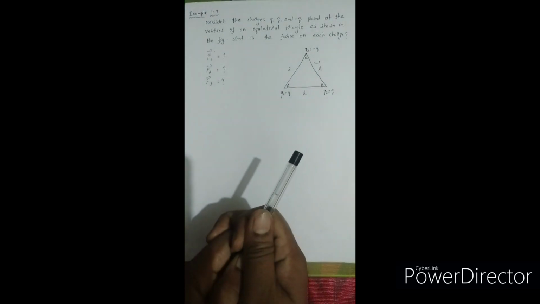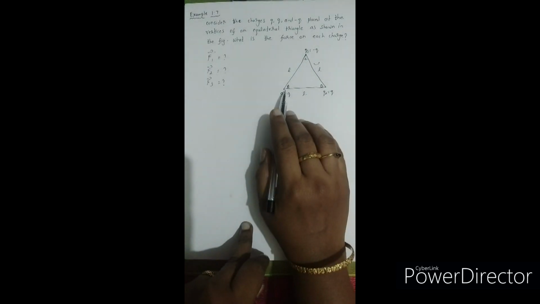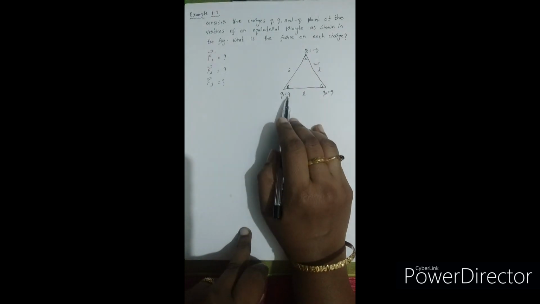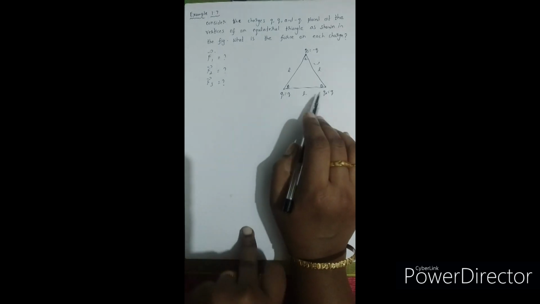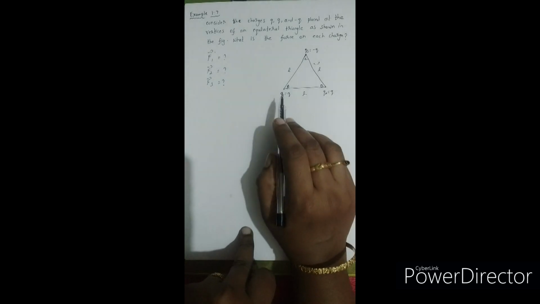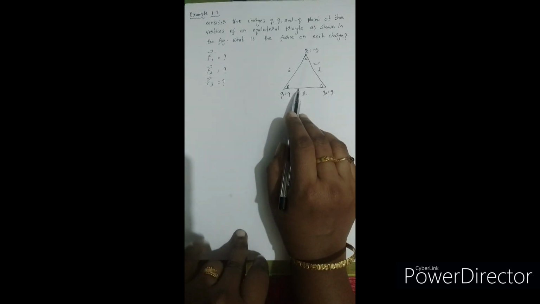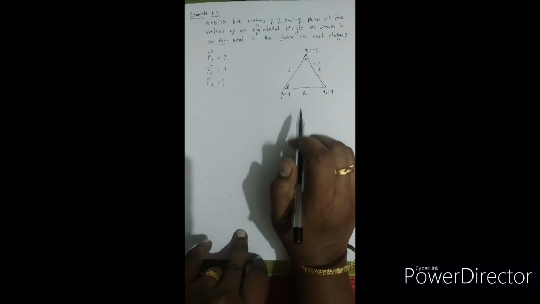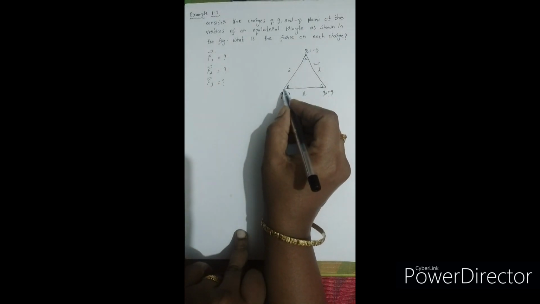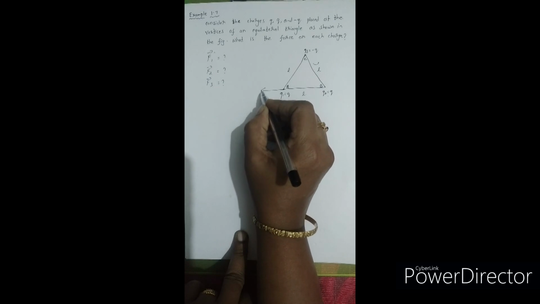Okay children, right? So see, let's consider the Q1 charge first. So when you consider the Q1 charge first, Q1 is positive, plus Q. So as Q1 is positive, Q2 is also positive, so Q1 will be repelled by Q2. Okay, so Q1 will be repelled by Q2, that will be along this direction.